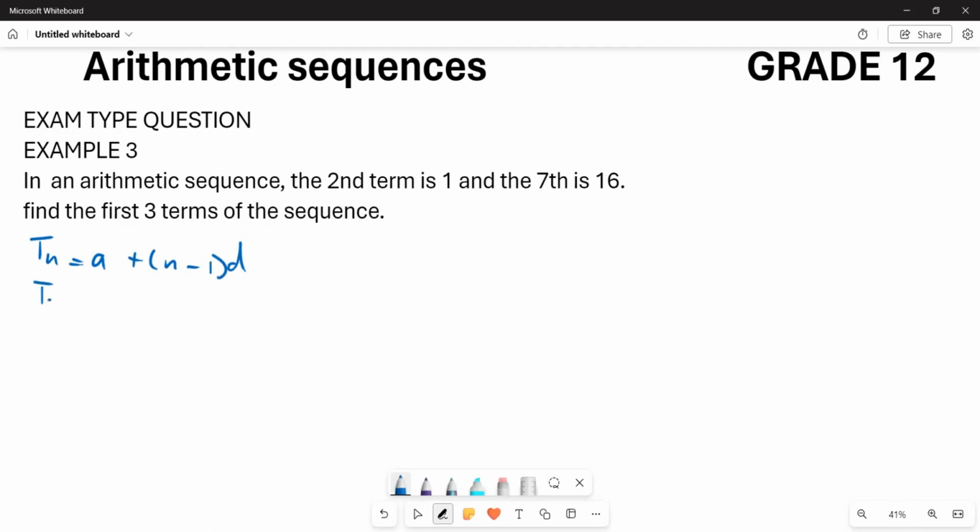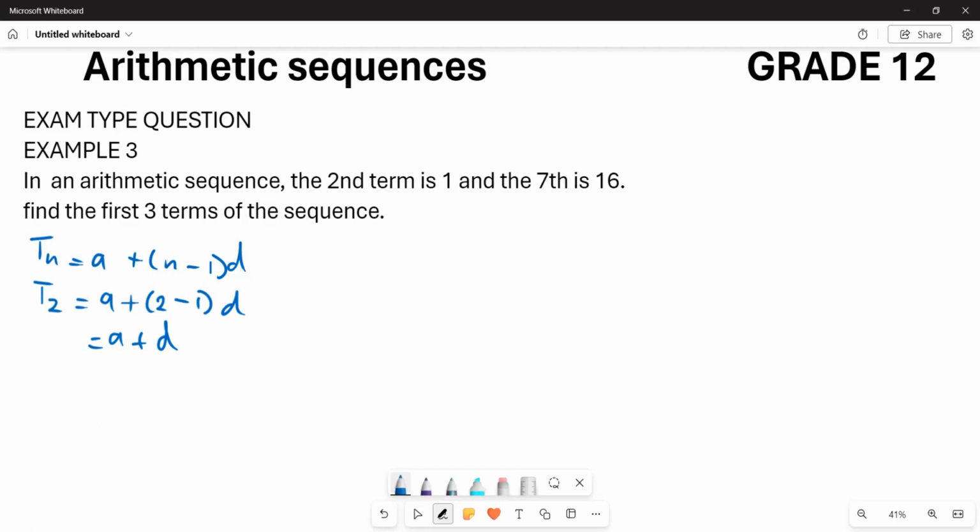Which means when you say your term number 2, this is going to be a + (2 - 1)d. Do you know the value of d? We are not sure of our value of d, right? So this is going to be the same as a + d, because 2 subtract 1 gives you 1.